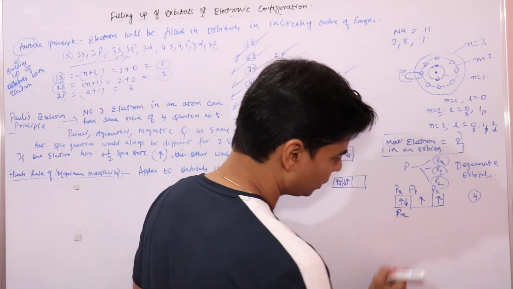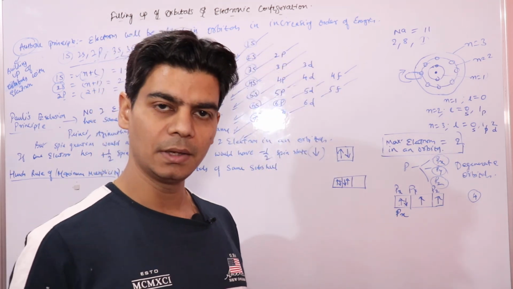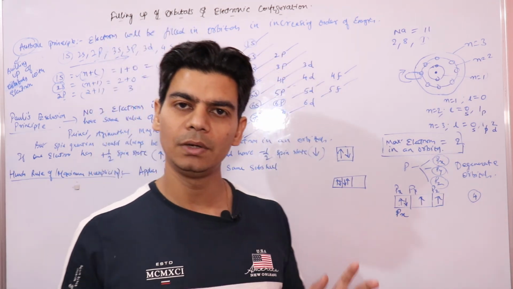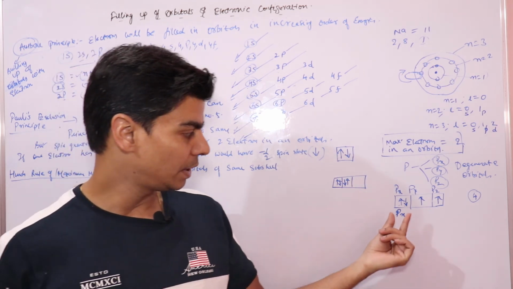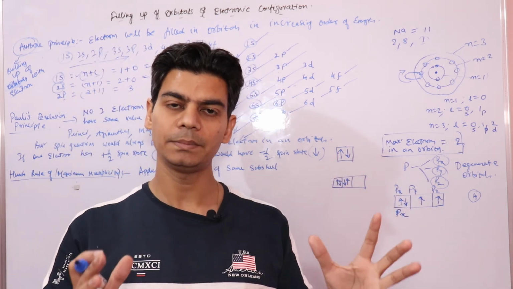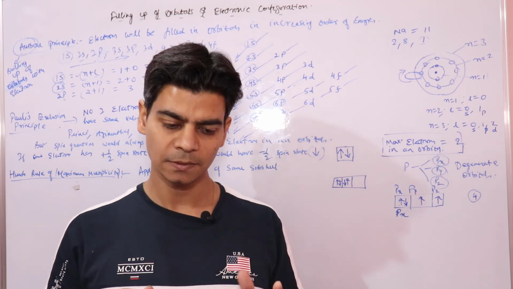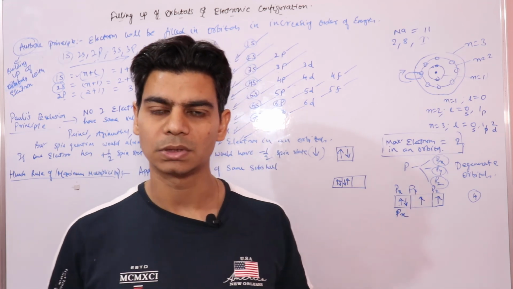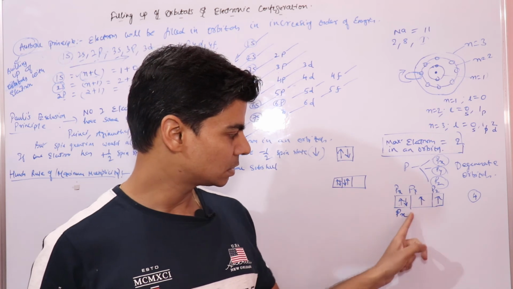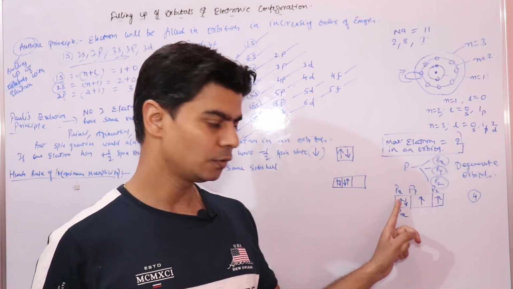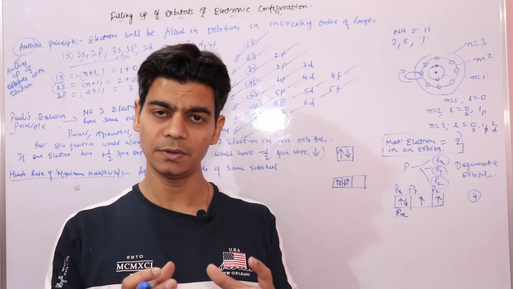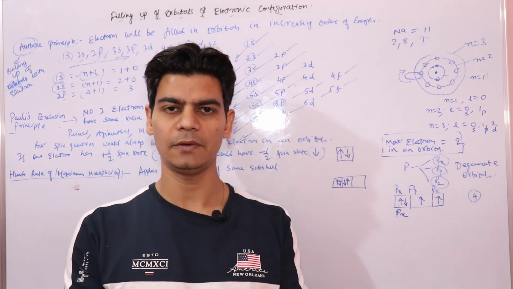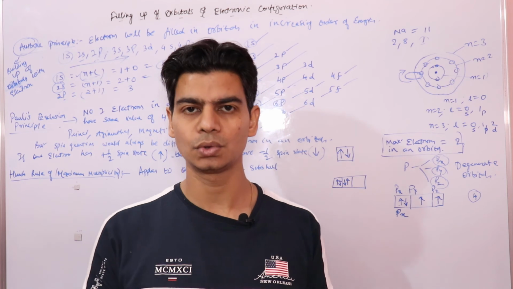Because these are electrons that are in the same orbital, and we know that electrons carry the same negative charge. So filling them in the same orbital means the maximum repulsive force. If you fill up the orbital with 2 electrons, the 2 electrons will have maximum repulsion since they are close to one another.